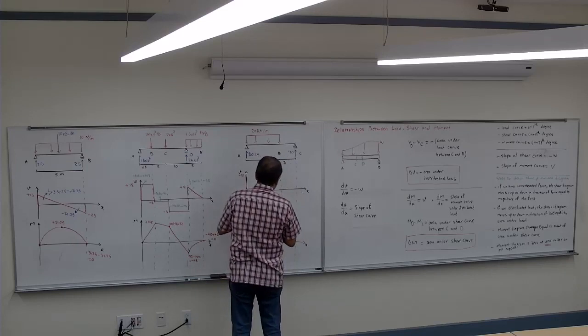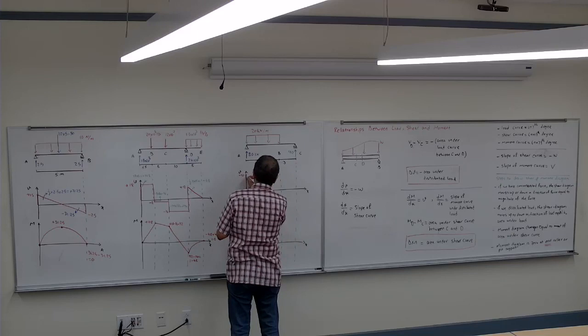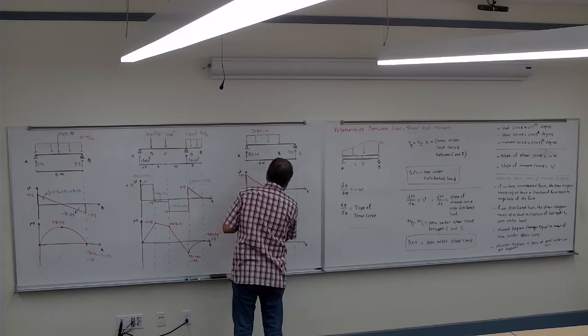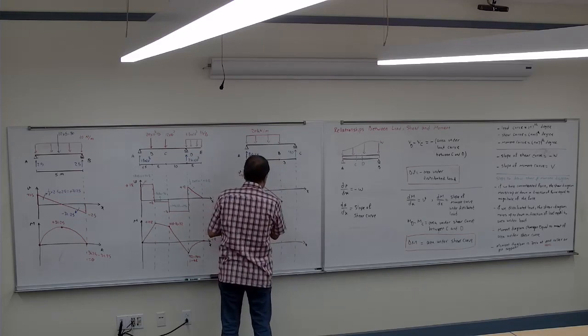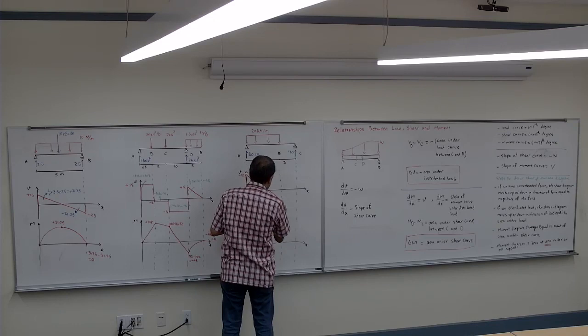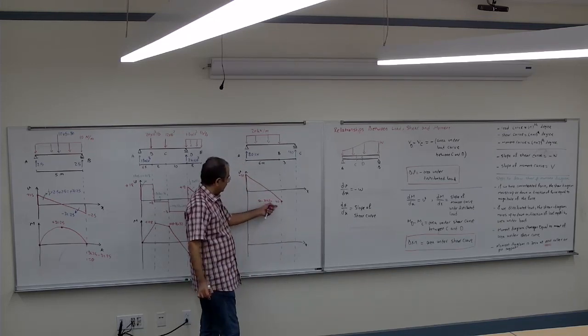So it goes to negative 40 linearly. So it's going to be 80 minus 20 times 6, which would be negative 40. Is that correct? So it goes down to negative 40.